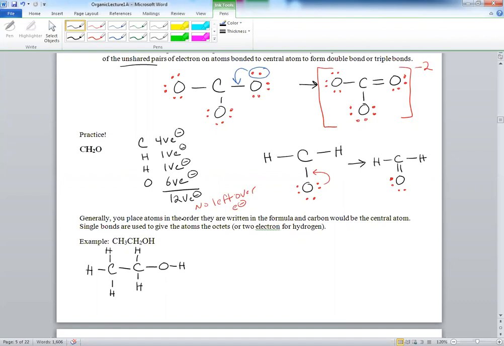Now, almost done. Why? This carbon has 8 valence electrons, or 4 bonds. Remember the H, 1, 2, 3, 4. So the H has 1. The C has 4.